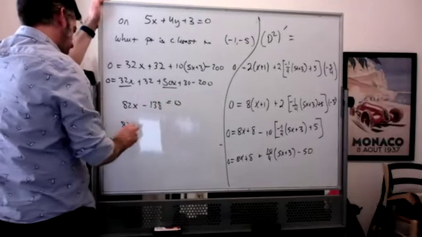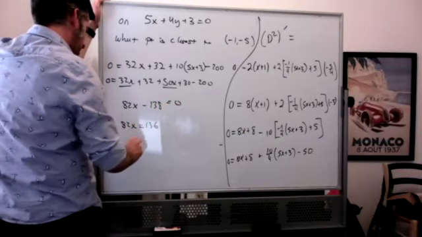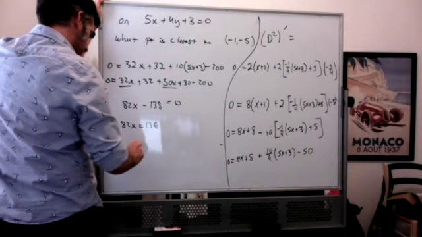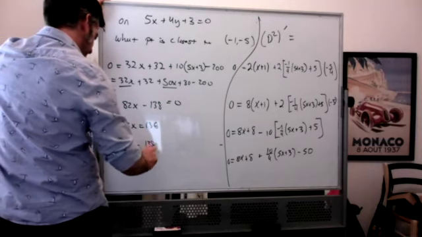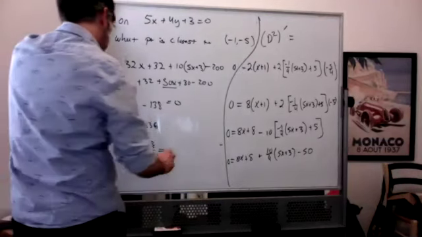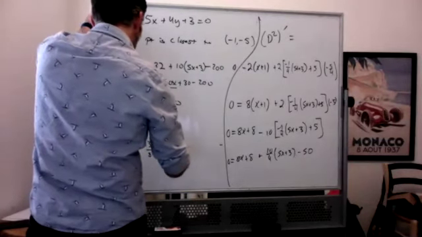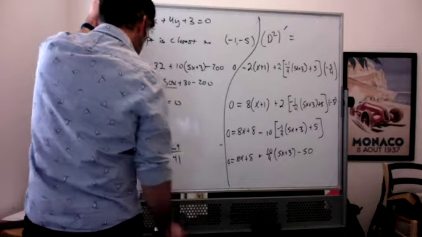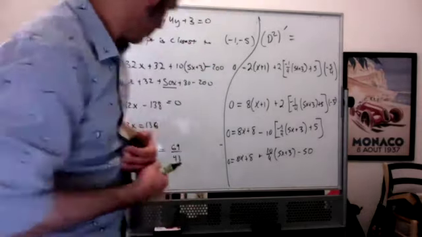So 82x equals 138. X equals 138 over 82, which reduces to 69 over 41, which I feel like is not what I got.